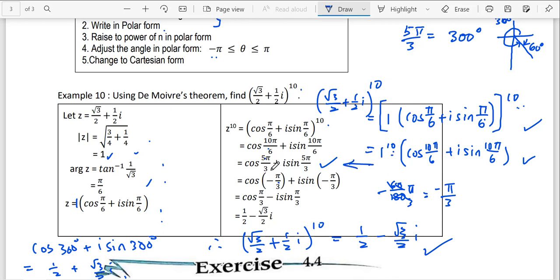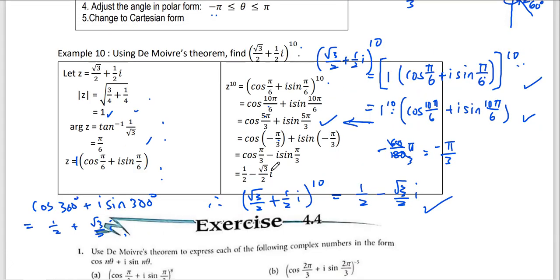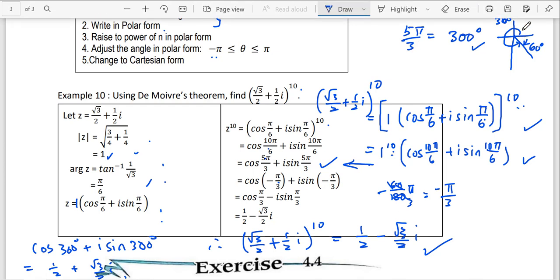So you check 5 pi over 3 is more than pi, right? What is 5 pi over 3 in degrees? 300, right? You check, 5 pi over 3 is 300. 300 means in the fourth quadrant.